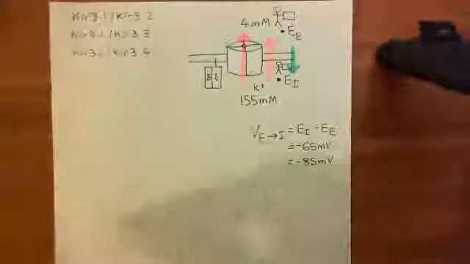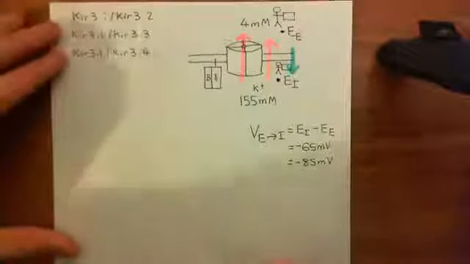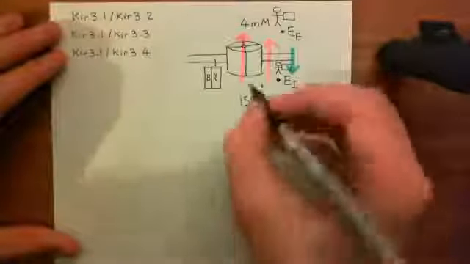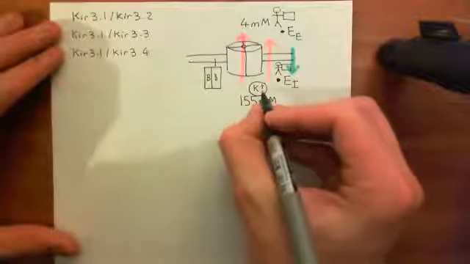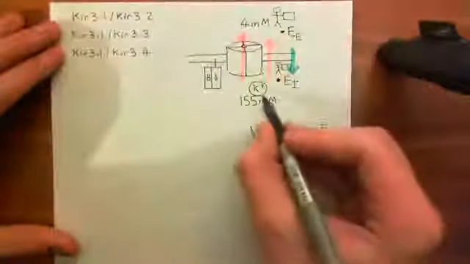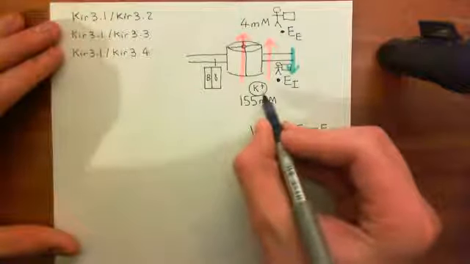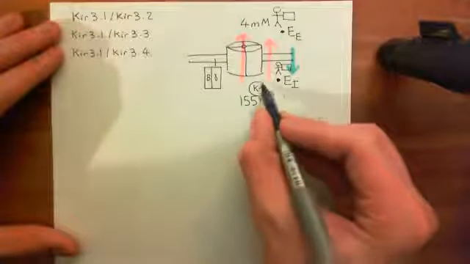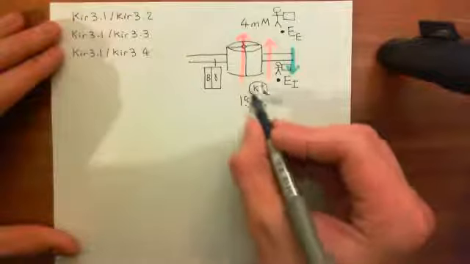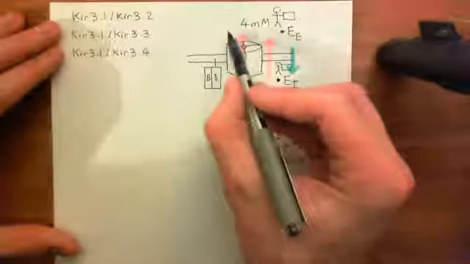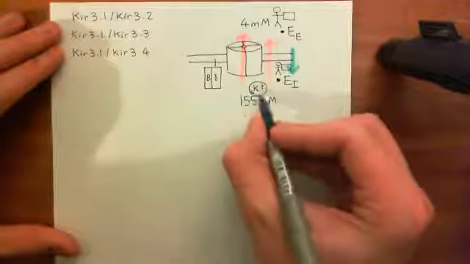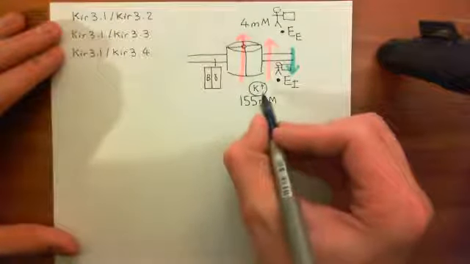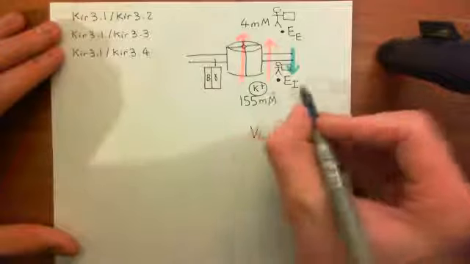Now, what effect does that have on the electrical potential difference across the membrane? Because you are moving potassium ions out of the cell. Now, potassium ions carry a positive charge. So you are taking positive charge from the intracellular compartment and dumping it into the extracellular compartment. Now, when you remove positive charge from somewhere, that will reduce the electrical potential of that place.